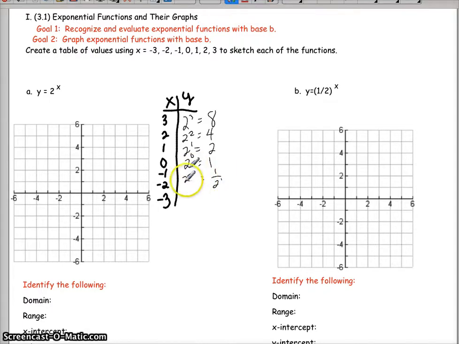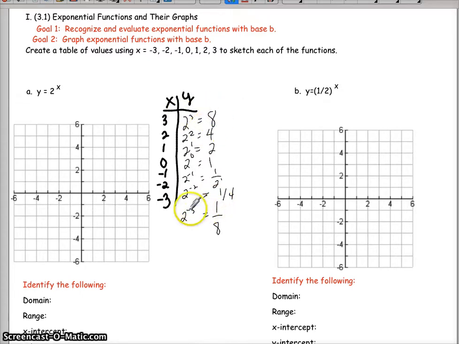Notice how 2 to the -1 is the reciprocal of 2 to the +1. So 2 to the -2 is the reciprocal of 2 to the +2, which is 1/4. Finally, 2 to the -3 is the reciprocal of 2 to the +3. So the reciprocal of 8 is 1/8.